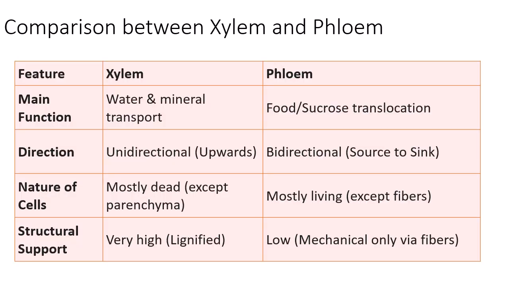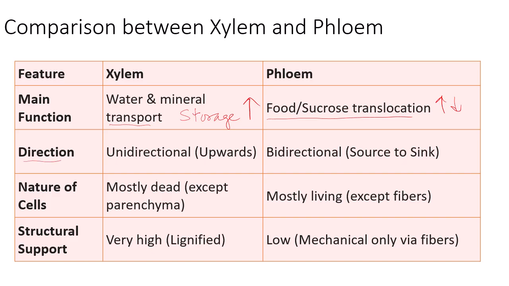Here let us understand the comparison between xylem and phloem. The main function of xylem is water and mineral transport as well as storage. Phloem is storage of food and upward as well as downward translocation, while in xylem translocation is only upwards.